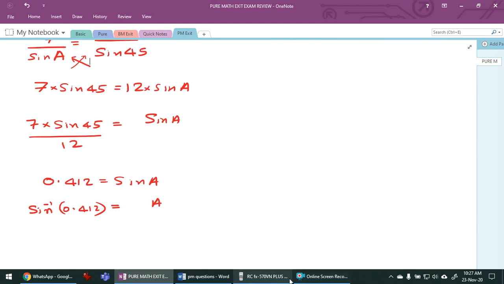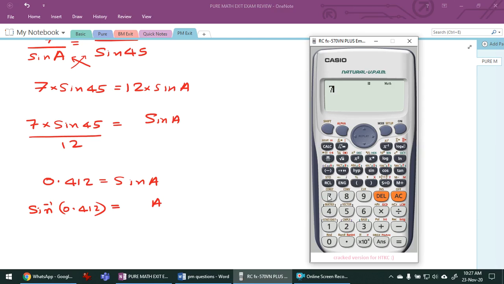How will you find it? 7 into sine 45, close bracket, divided by 12. What is the answer? You have to press S-D. So 0.412.